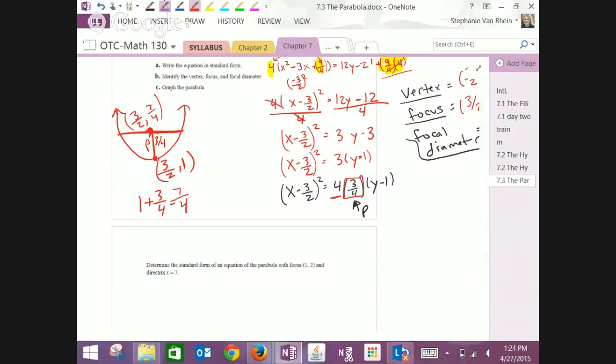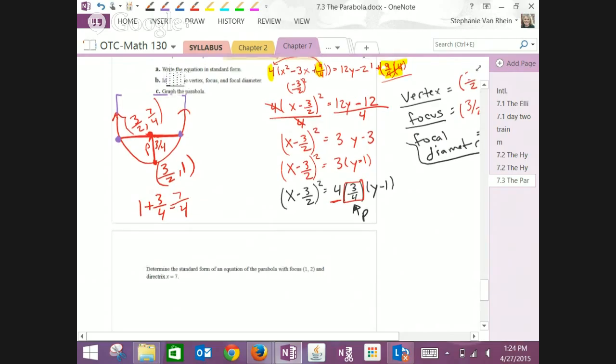If I wanted to go one step further and find the endpoints, if this whole distance is 3, then this distance is 1.5 and this distance is 1.5, right? And I could write that as 3 over 2.